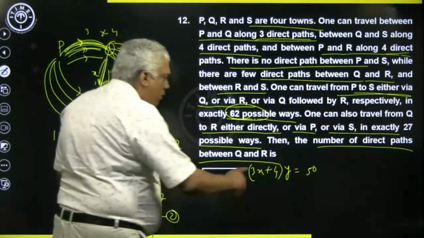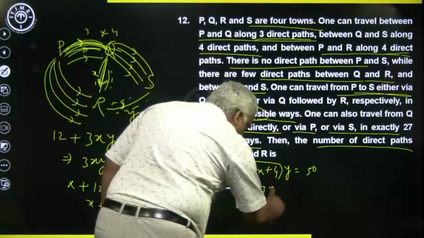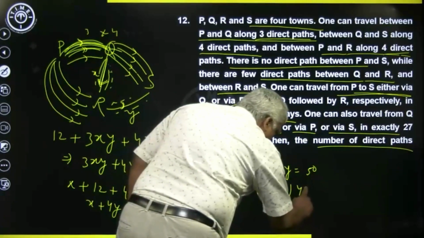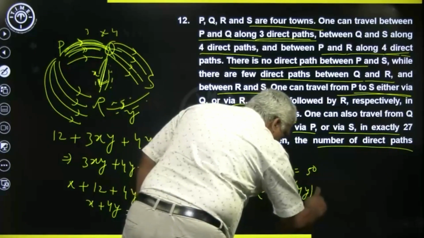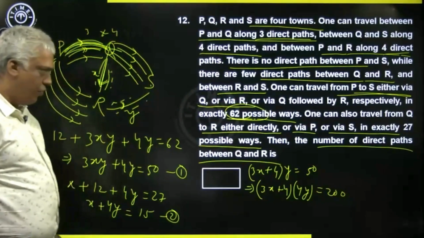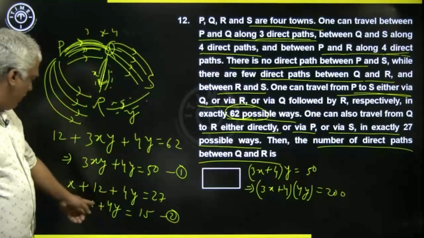I am multiplying both sides by 4, so I can write (3x plus 4) into 4y is equal to 200, so that I can replace 4y by 15 minus x.